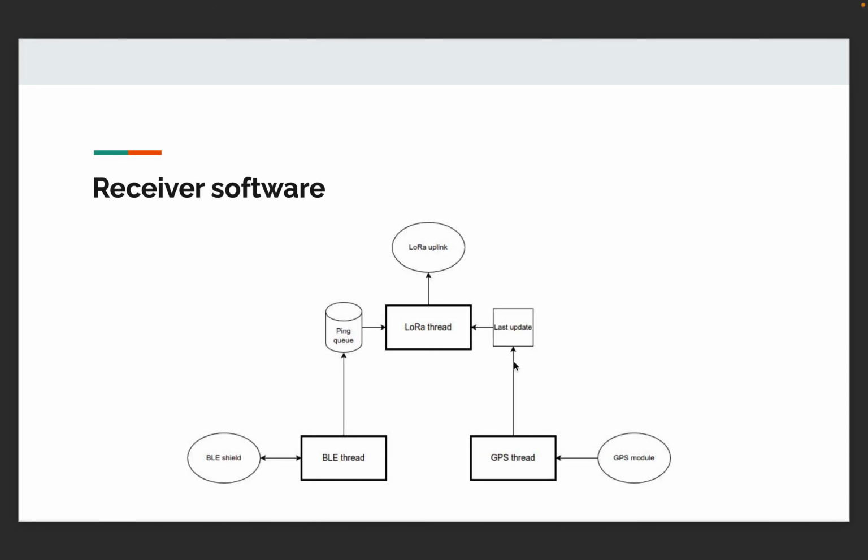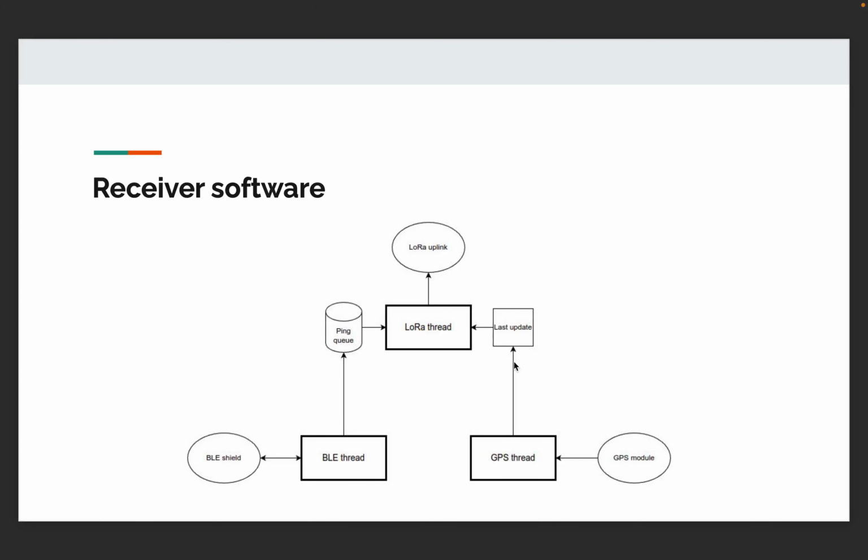From a higher level, we can see the structure, the pattern we use, which is a multi-thread design pattern, and we can see how every component has its own thread. In particular, the BLE thread has a queue, which is exposed to the main thread, which is the LoRa thread.